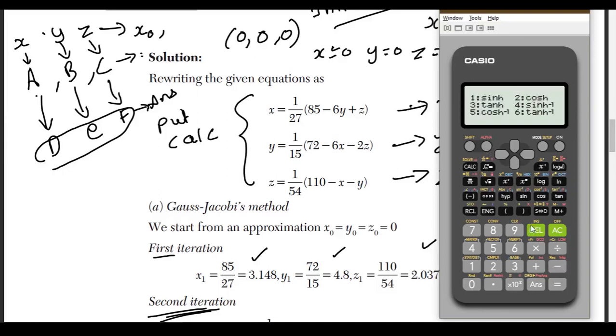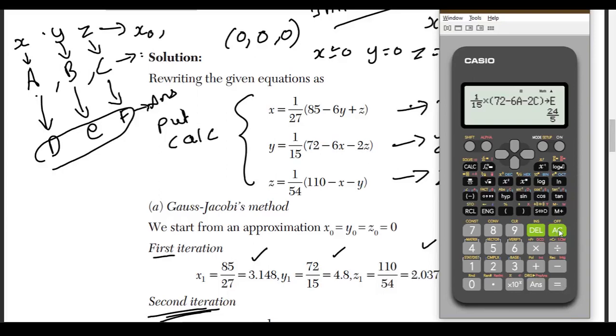C. 2 z. What is the z? C. To C. Where you are going to save? Shift store in E. E only you are going to save. Okay, done. And press equals, we are getting the answer.